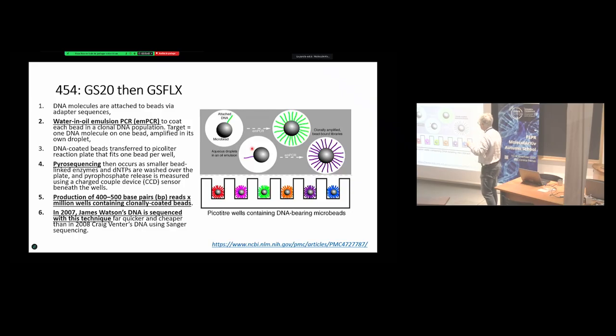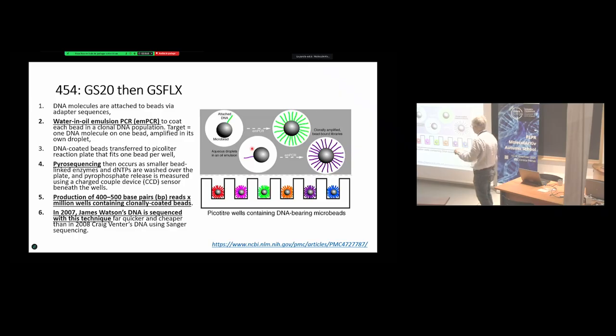So when people have done this sort of amplification, they were able to load them onto picotiter wells that were associated with the instrument. And all the sequencing took place with the same molecule that was covering the bead.